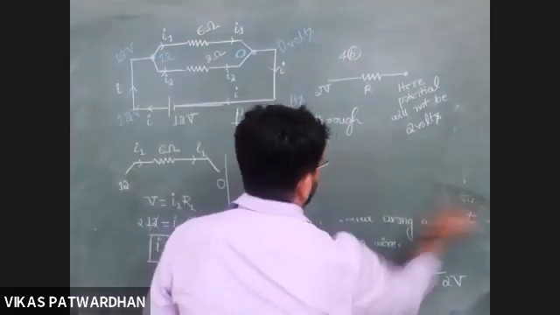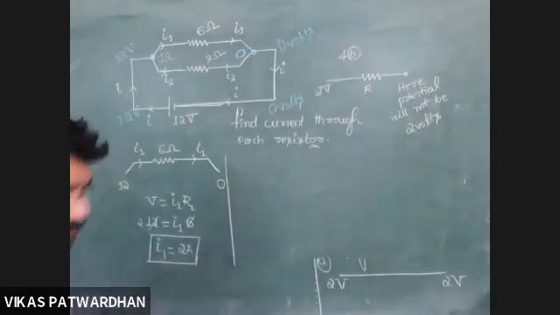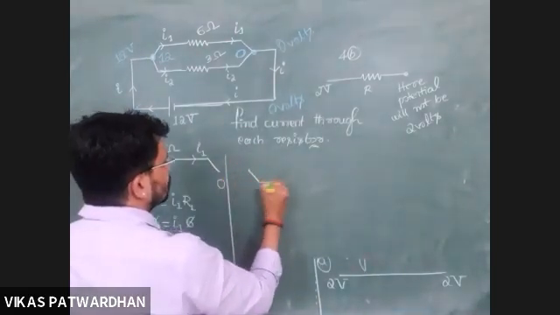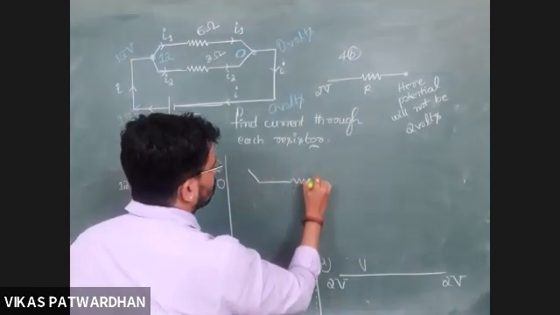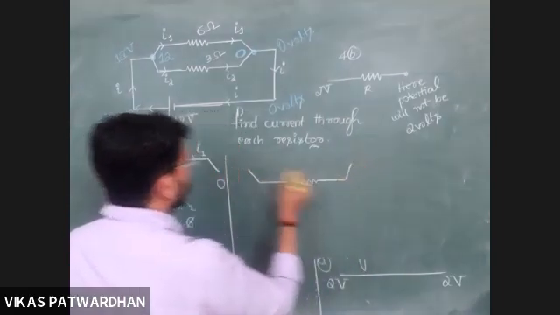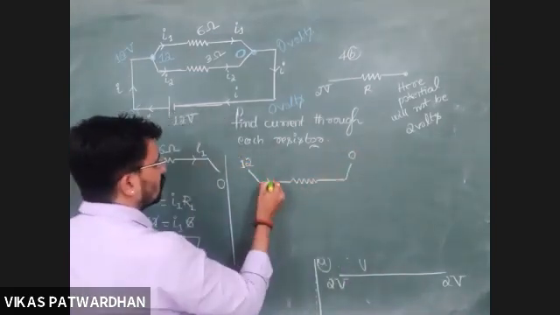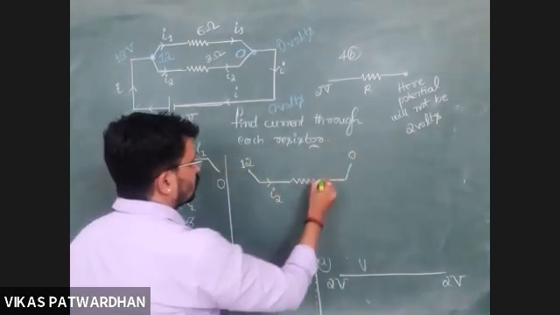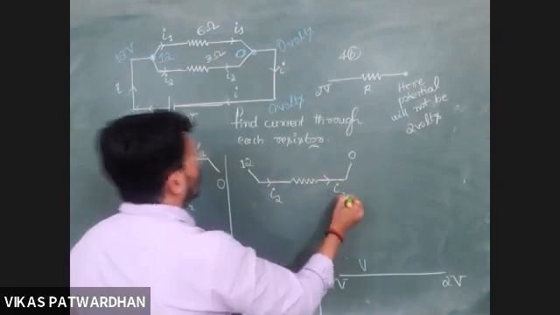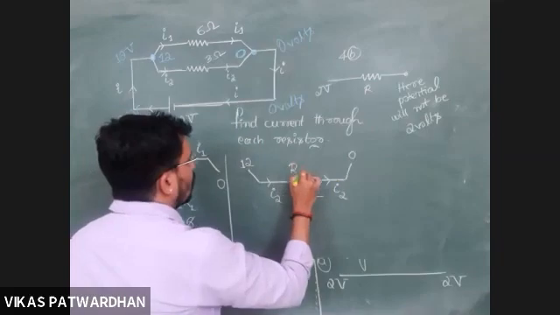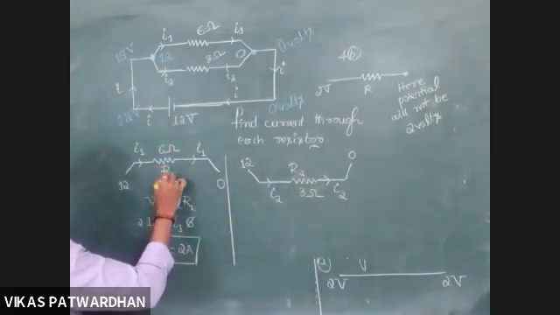Next, write the next half of the circuit in the same way. The potential will be the same, obviously. Here it is 12, here it is 0. What is the current? I2. This is 3 ohm. Call this R2 and the other R1.